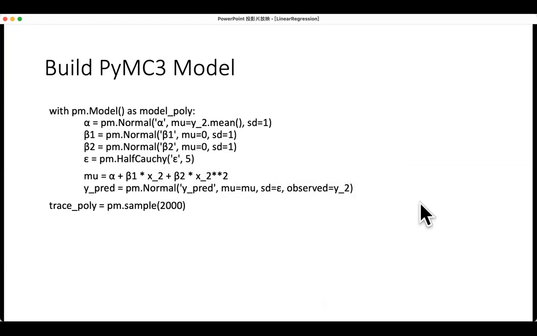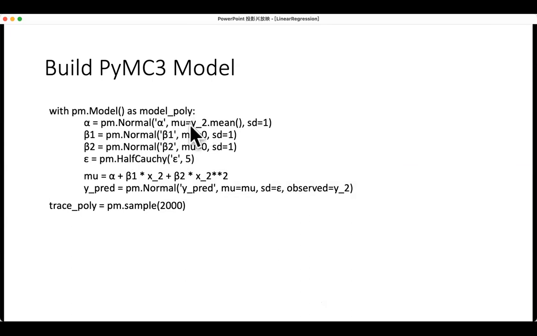So how do we do it? This model is very, very simple. Obviously we have alpha, and we have beta 1 and beta 2. The beta 1 and beta 2 have mu 0 and standard deviation 1, so pretty much like a standard normal distribution.